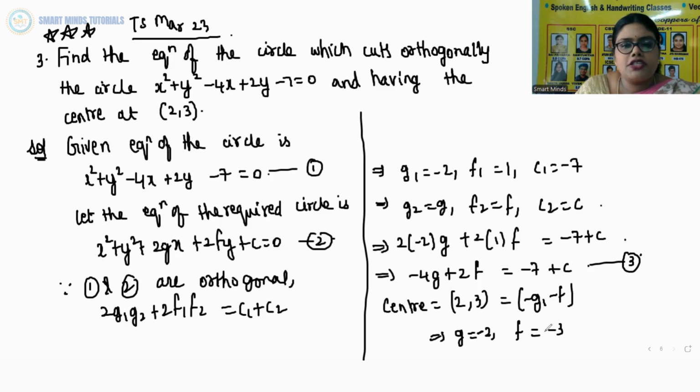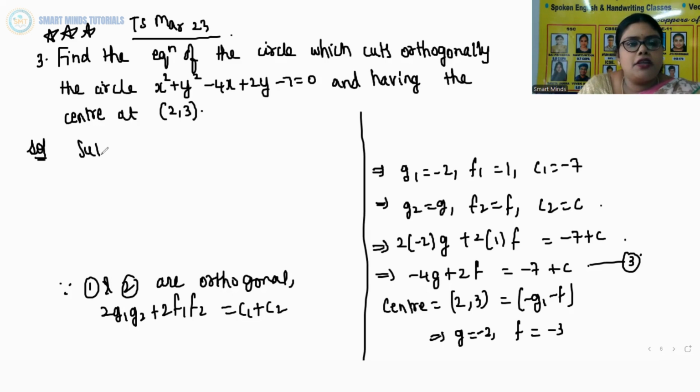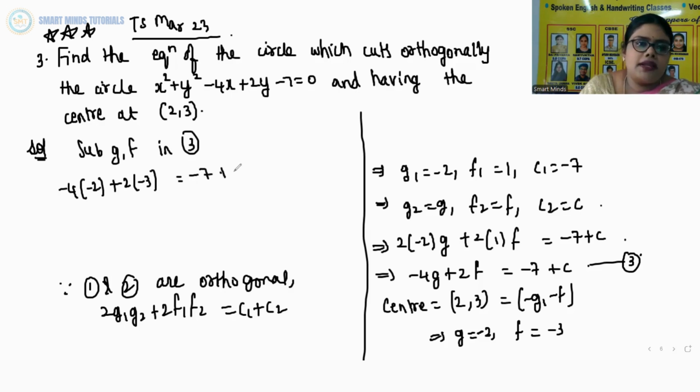Now substituting g, f values in equation number 3. So minus 4 into minus 2 plus 2 into minus 3 equals minus 7 plus c. Minus 4 into minus 2 is 8. 2 into minus 3 is minus 6, is equal to minus 7 plus c. If I take minus 7 this side, we get plus 7 equals c. So we get c value as 9.